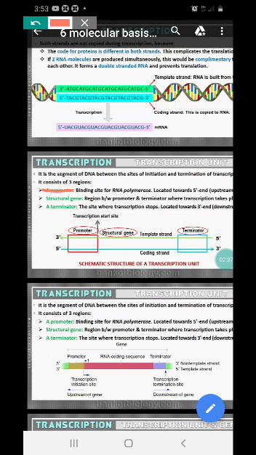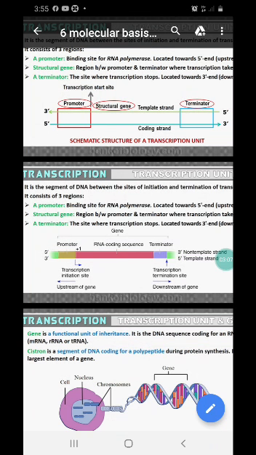And the structural gene is in between these 2 areas. So what are the 3 areas? A promoter area, a terminator area, and the structural gene in between them. Clear?